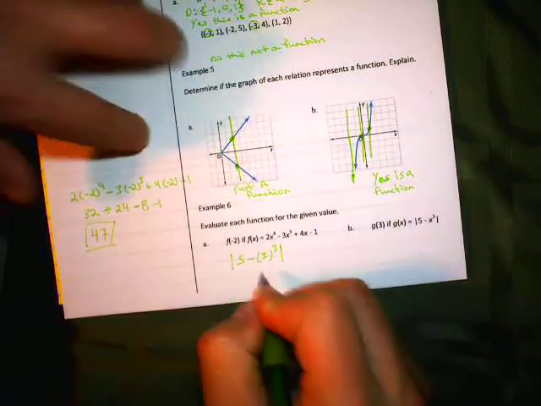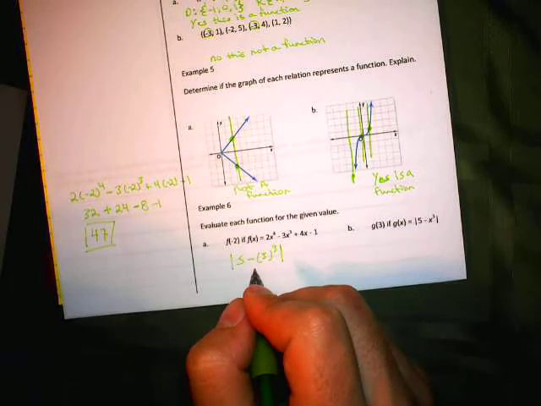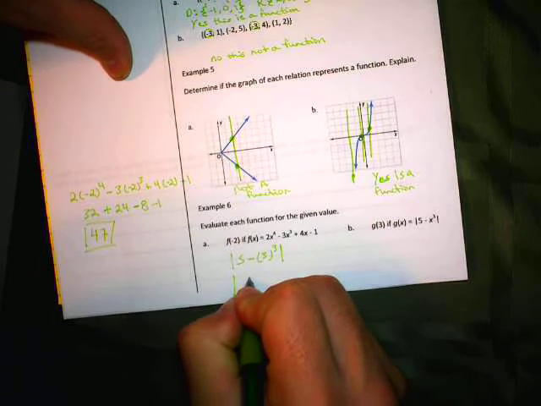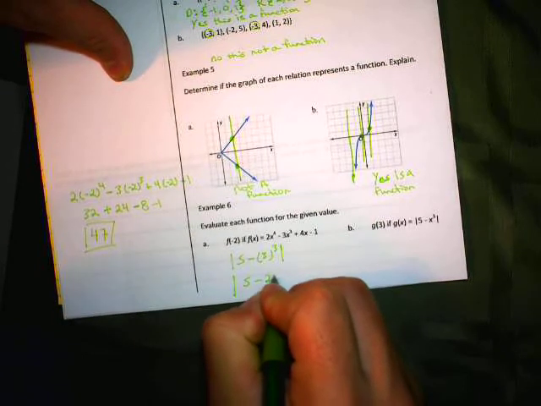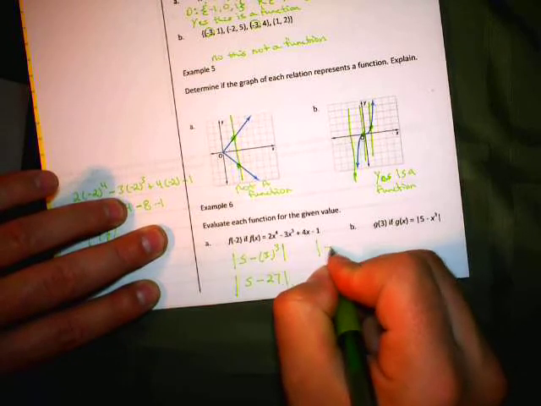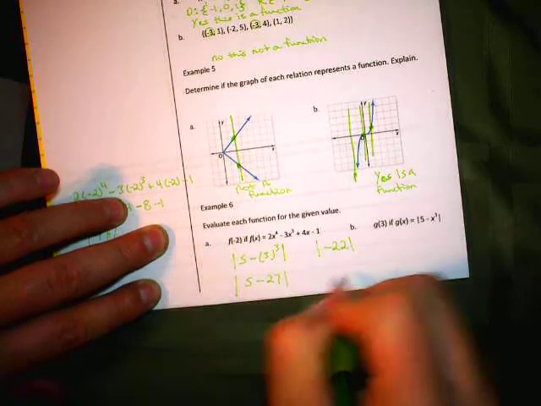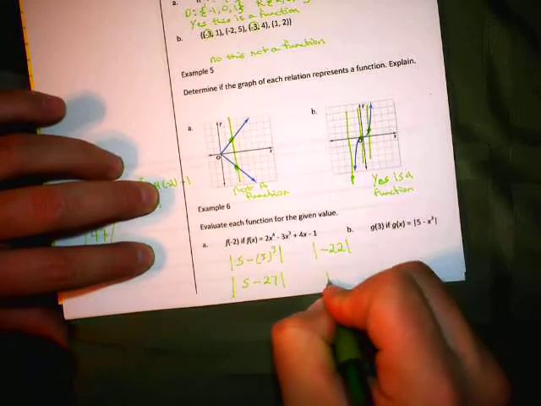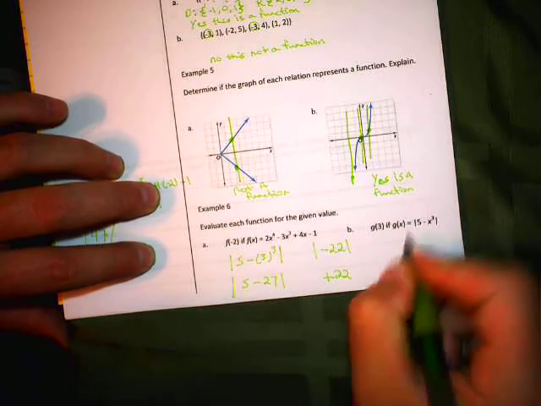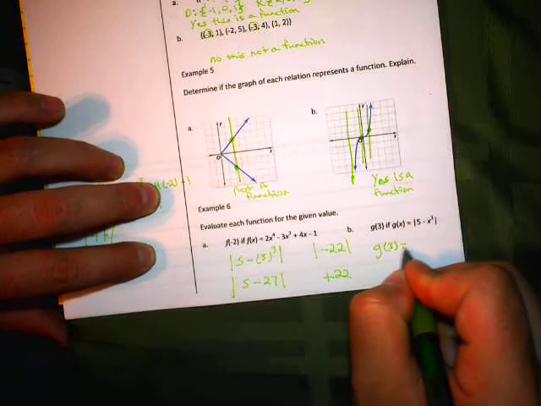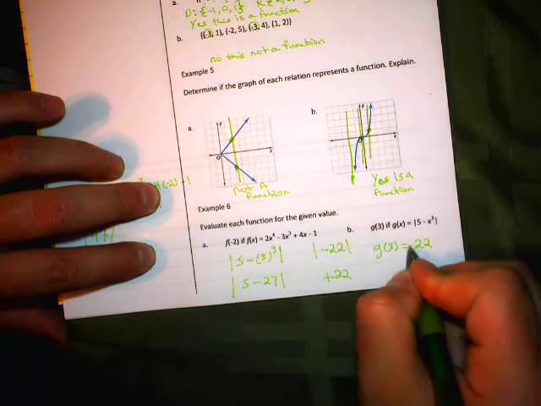Well, 3 times 3 times 3 is 27. So we get the absolute value of 5 minus 27. Well, 5 minus 27 is the absolute value of negative 22. The absolute value of negative 22 is a positive 22. So my final answer here, g of 3 is equal to 22.